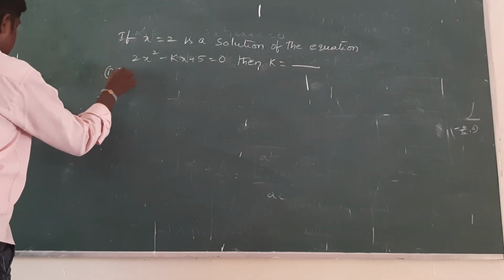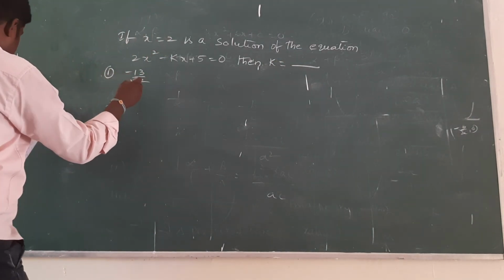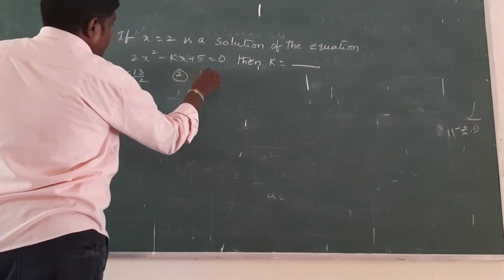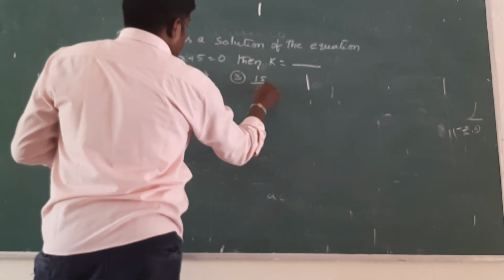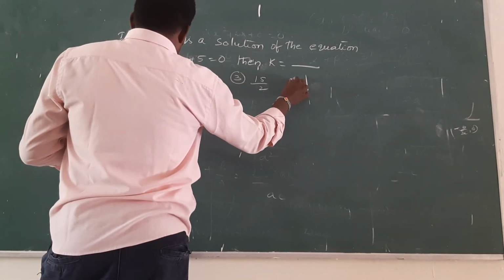The first option is minus 13 by 2, the second option is 13 by 2, the third option is 15 by 2, the fourth option is 0.